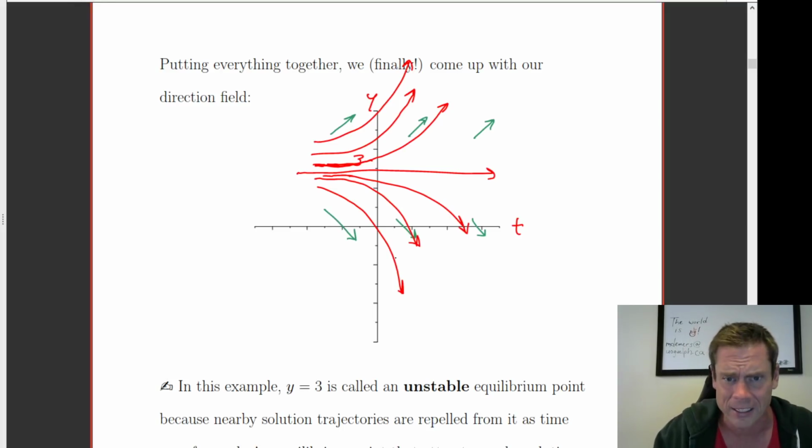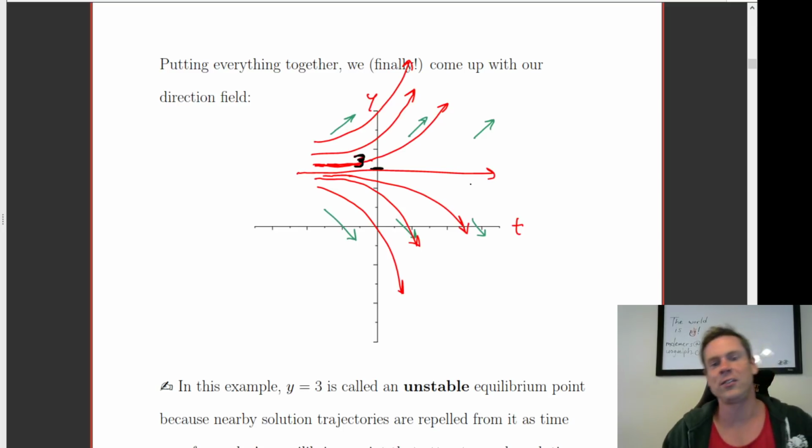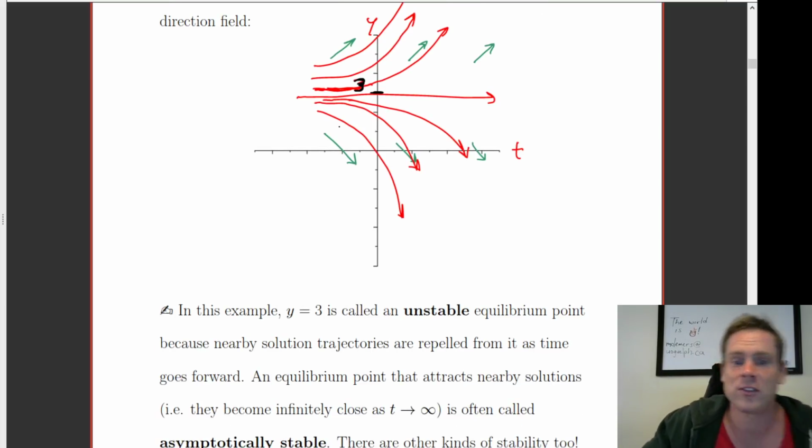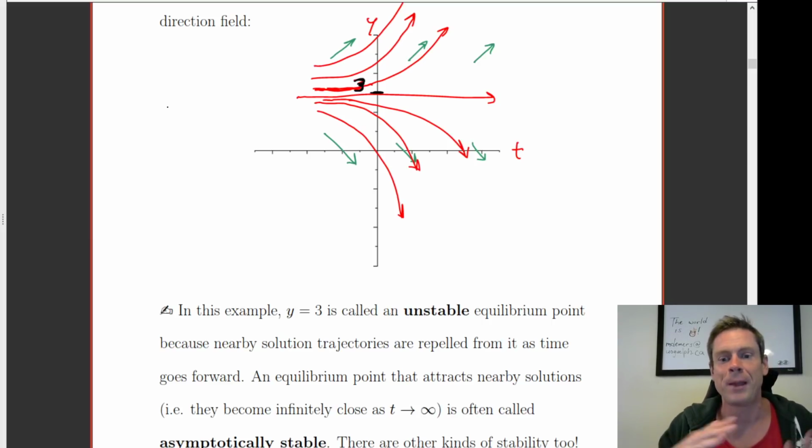I'm just going to highlight here that this 3, that was our equilibrium solution, and it should be right here, right? It's the one that stays there forever, okay? Some terminology here that will be important for some of your other courses is with regards to that equilibrium value, y equals 3 here is called unstable because nearby solution trajectories are repelled from it as time goes forward, okay?